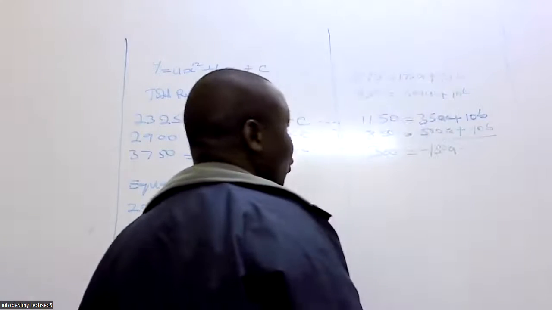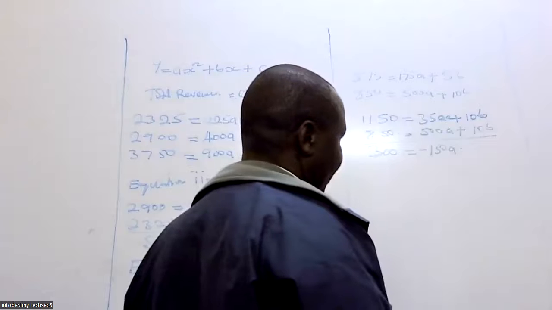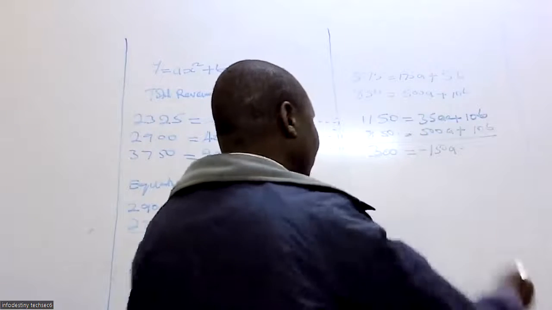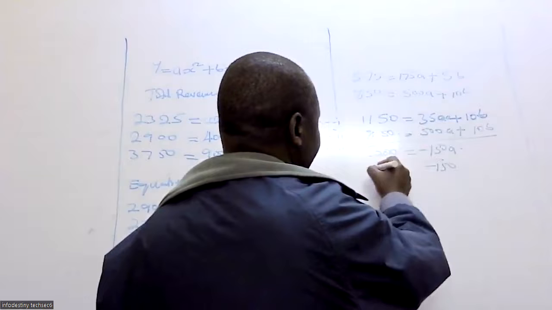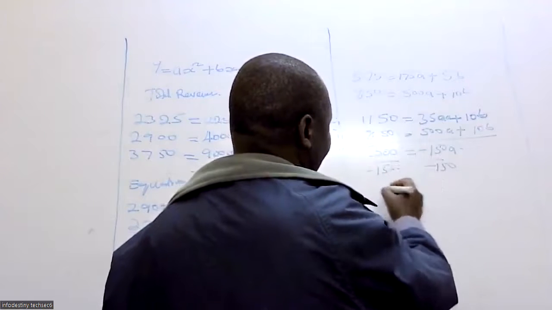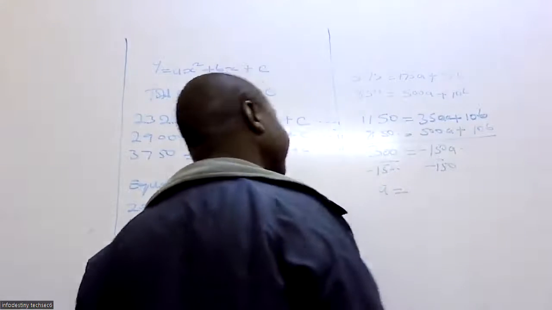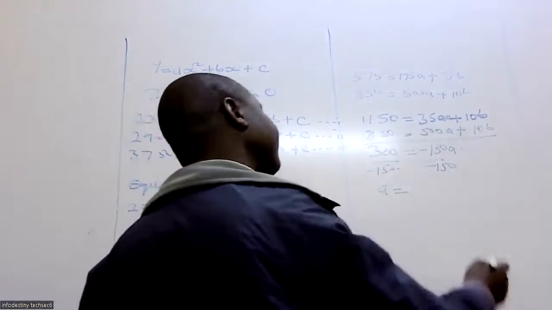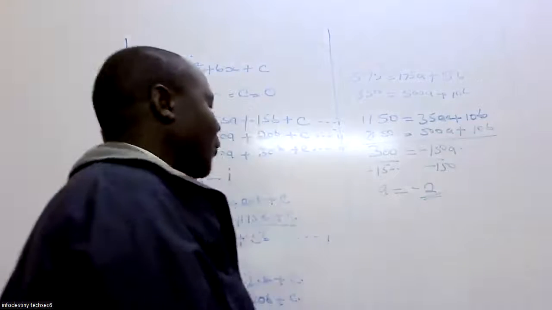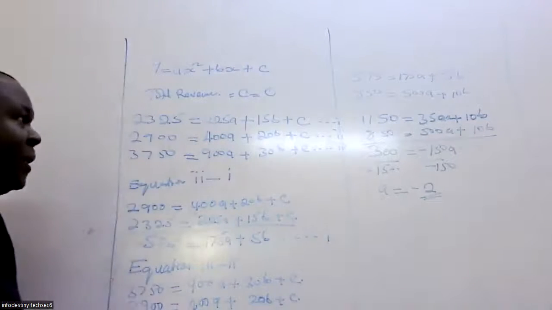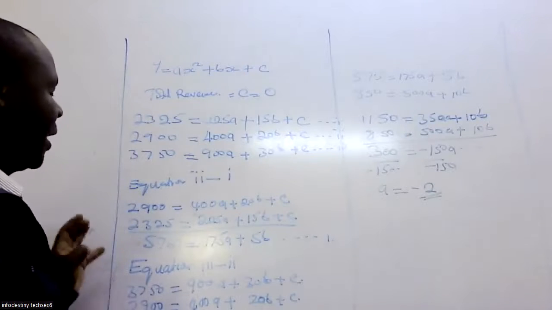Remember these are negative, so A is going to be negative. They're together because this is a positive. So divide this one by negative 150. So A equals to what? Negative 2. So after computing for this particular A, now we can find the B by just using any equation.